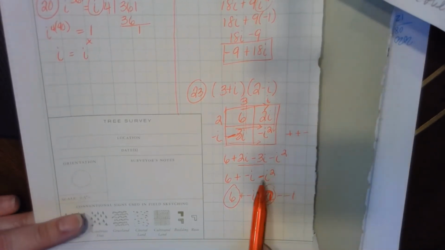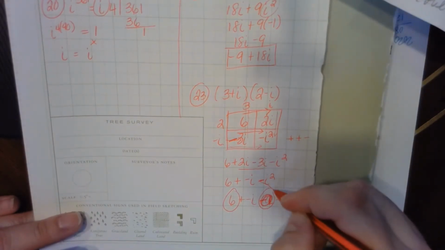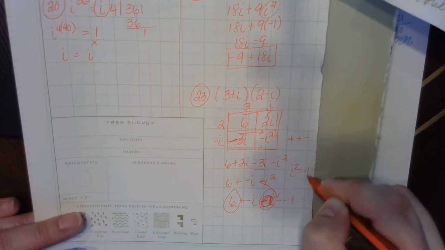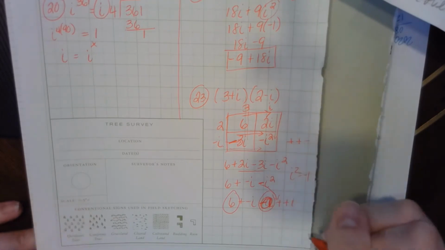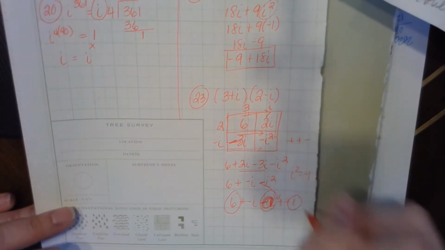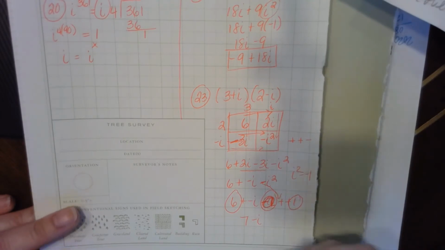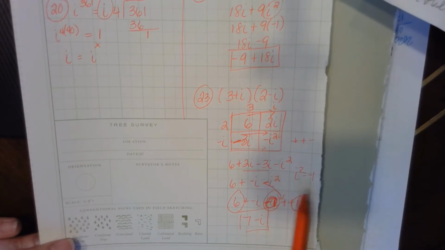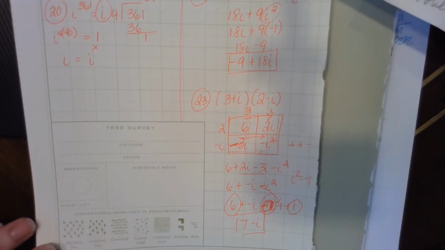Minus a negative 1. So I had a minus i squared, so this minus is going to come here. And then i squared equals a negative 1. So there's the second negative. So I've got plus plus. Yay. 6 and 1 is 7 minus i, and you're done. Sorry if that was confusing, but you gotta keep them straight. Okay, so that's number 23.